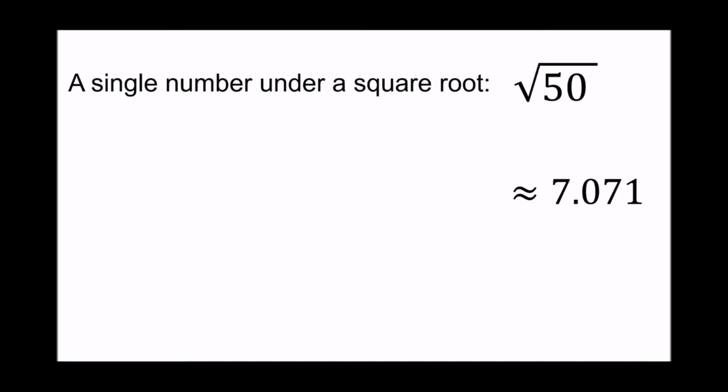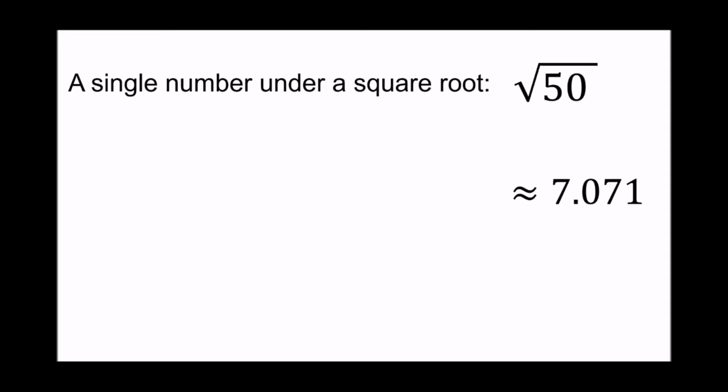So now if you think about it, we've seen two different forms of the same radical expression, right? We took the square root of 50 as an example, and we said, well, it's around 7.071. You can think of this as two different forms. The first one, there's no good name for it, so we'll just say a single number under a square root.